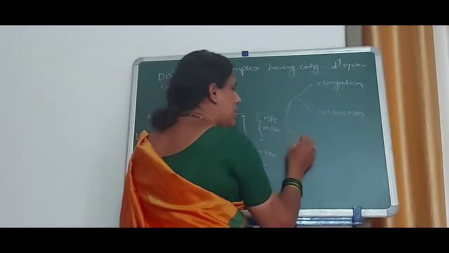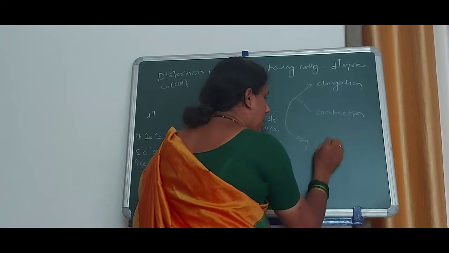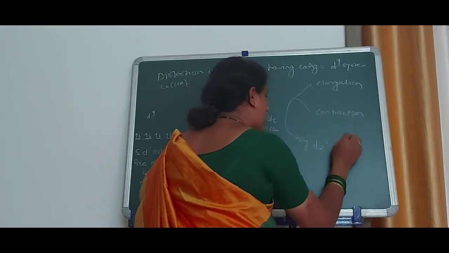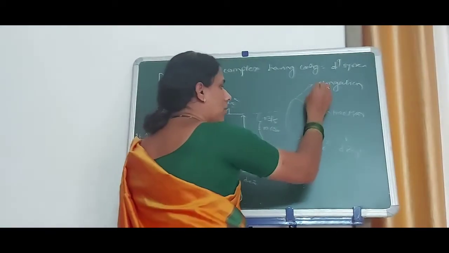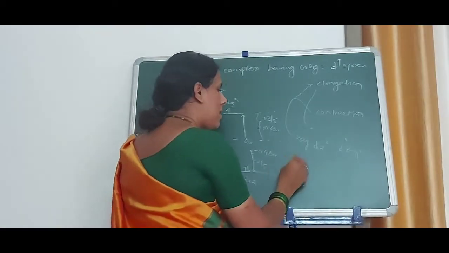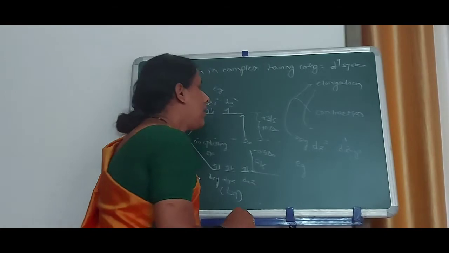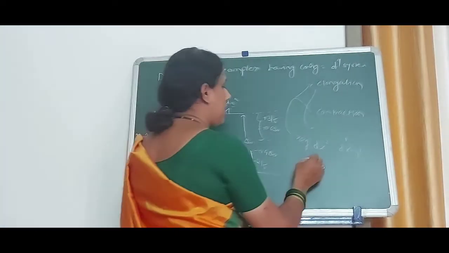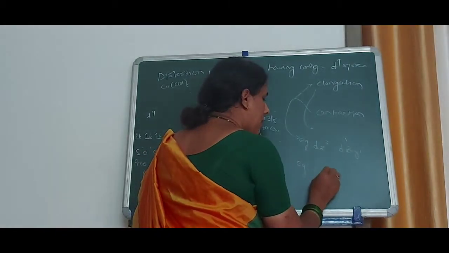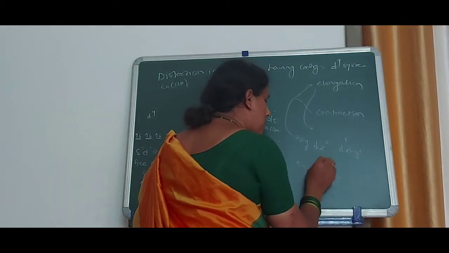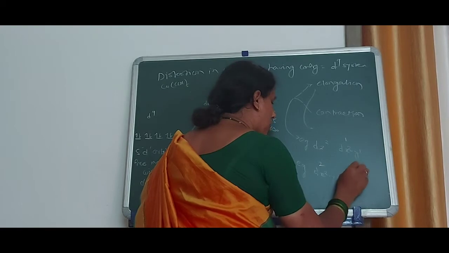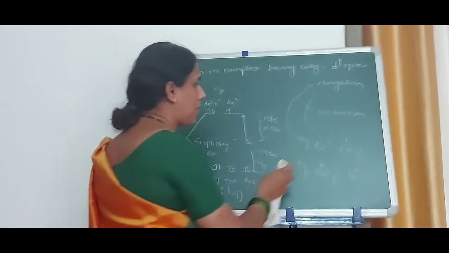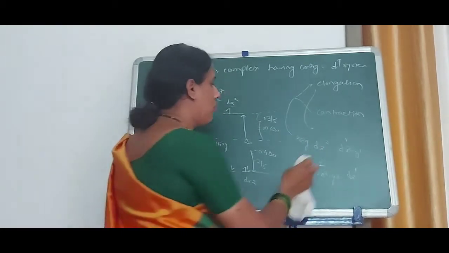That is dz2 and dx square minus y square. Okay, on elongation, what happens? And when the Eg orbitals undergo contraction, at that time what happens? Here dx square minus y square occupies 2 electrons and dz square occupies 1 electron.